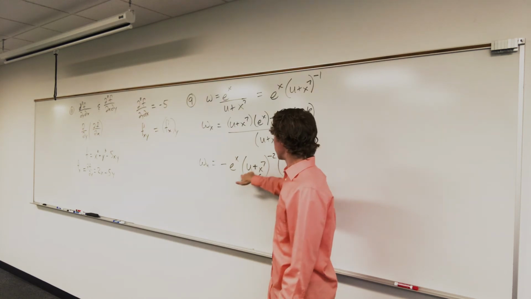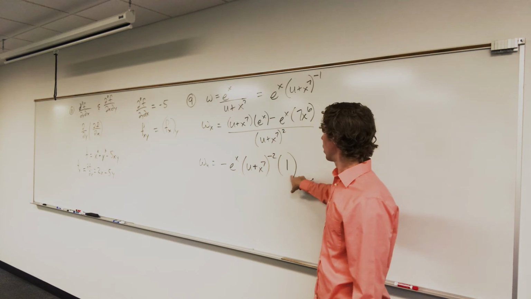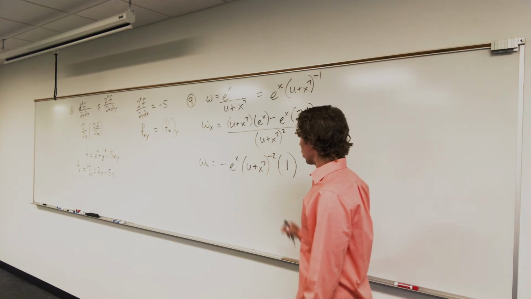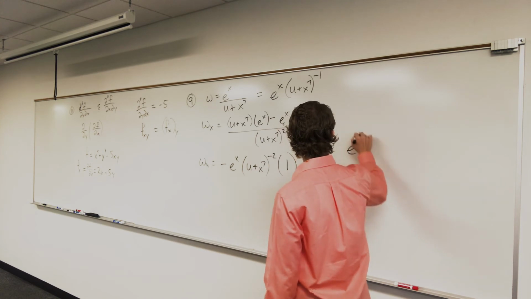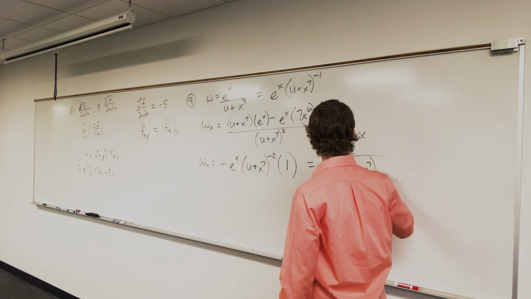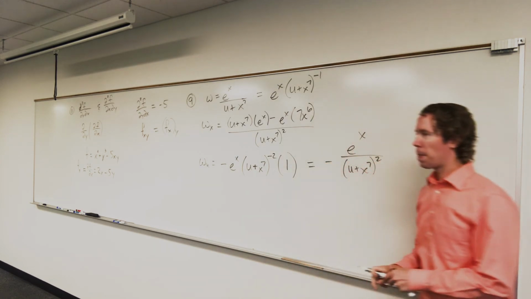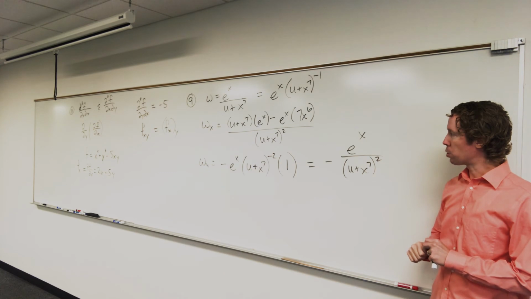And then in the top, you have this term times this term. So you can leave it like this. You could rewrite it if you want to. And that's all you need to do for the first partial derivatives.